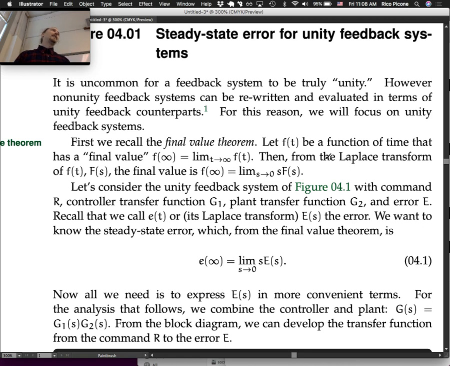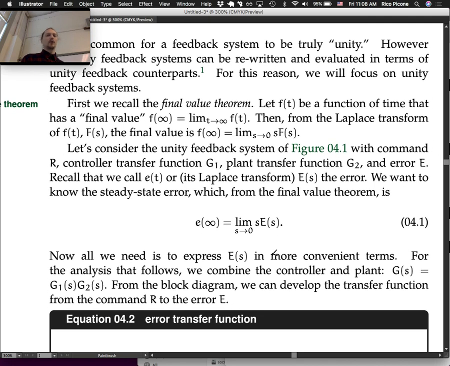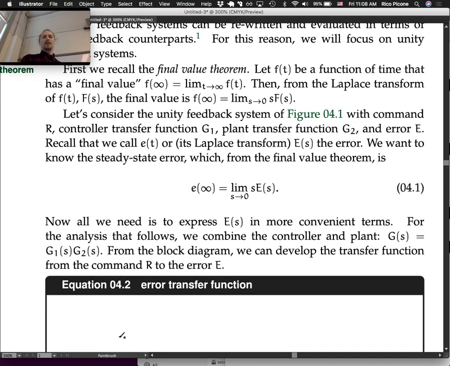We like to avoid doing an inverse Laplace transform if possible because that's usually the toughest part. Taking Laplace transforms is typically easy. Inverse Laplace transforms can be harder. So this final value theorem is going to give us a shortcut so we can avoid doing the inverse Laplace transform.